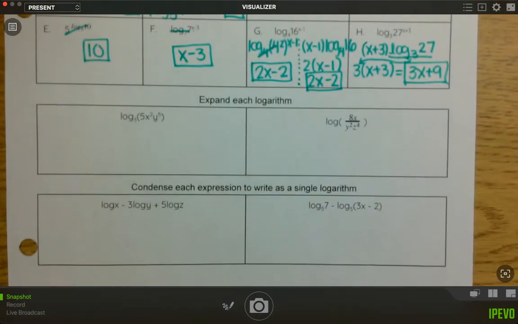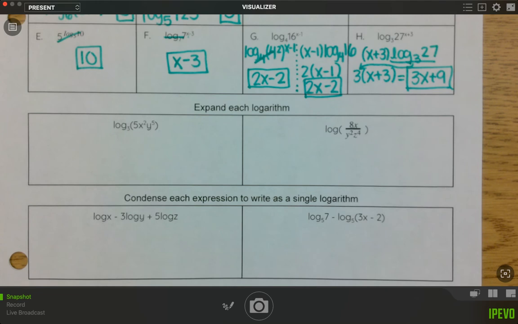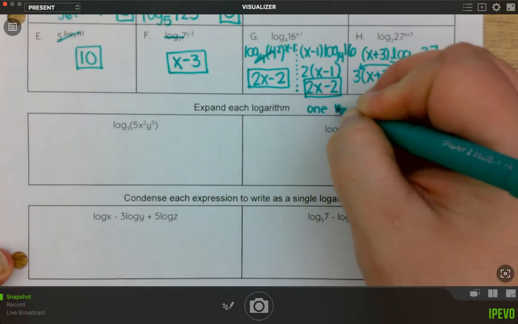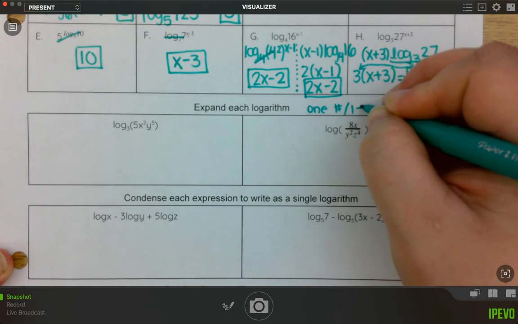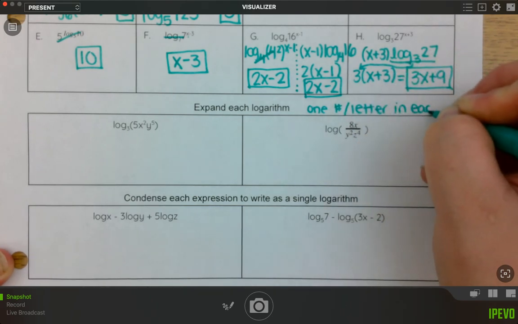Now, let's talk about how to expand and condense. Expand means that you can only have one number or letter in each log.